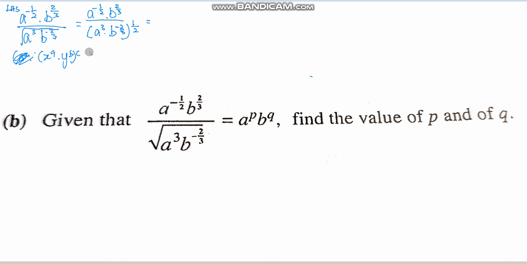We're going to use this. So a to the minus half, b to the 2/3, a to the 3, I'm going to do 3 times half. Similarly, for b it is minus 2/3 times half.